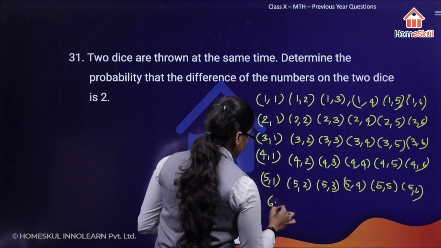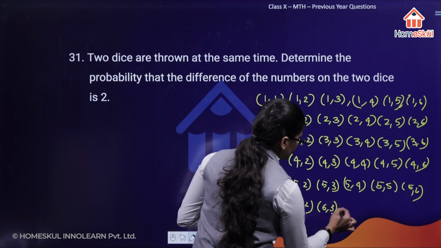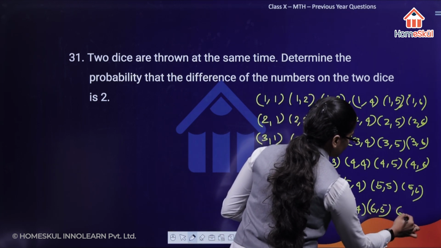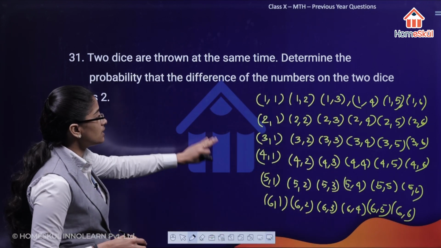The last row 6, 1, 6, 2, 6, 3, 6, 4, 6, 5, 6, 6. This is the total outcomes, isn't it? These are the total outcomes.